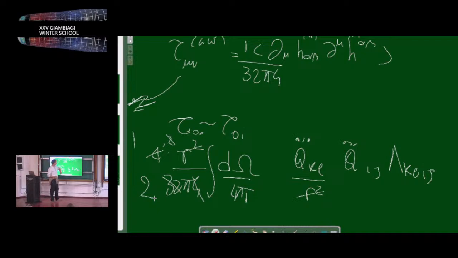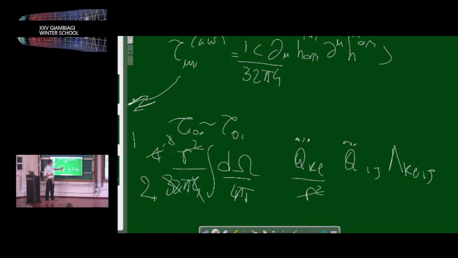Then I substitute for h the solution in terms of the quadrupole, which is the leading order solution. There will be corrections. So h is Q double dot. Here I have to look at the 0,0 components, so there is another dot. So these are triple dots. 1 over R squared goes away with the integral because I have to integrate over the surface over which this T0I, the flux of the energy, is piercing the surface at large R.